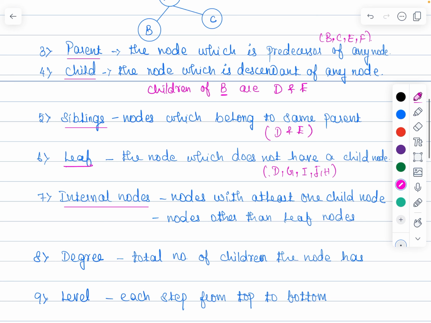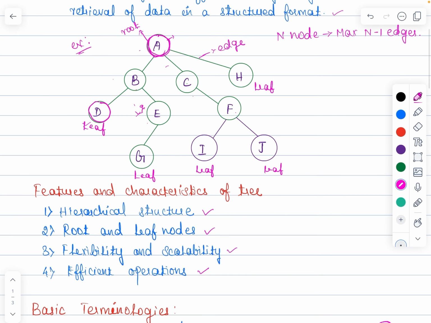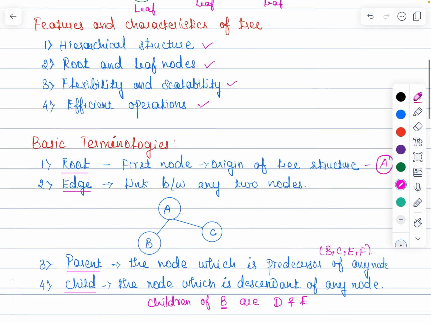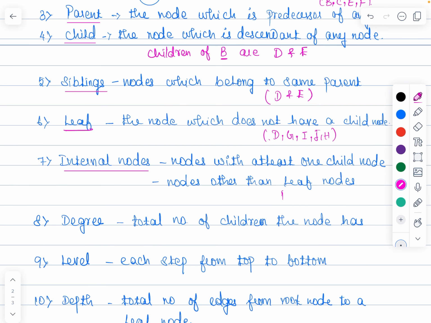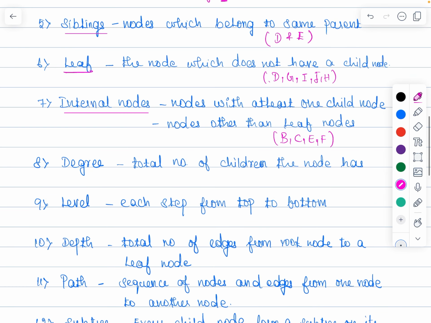Why? Because the leaf node does not have any child node. Leaf node is the ending point of the tree structure. So, other than leaf nodes, all other nodes we can call internal nodes. So, the nodes B, C, E, F are the internal nodes, the nodes which have at least one child node.